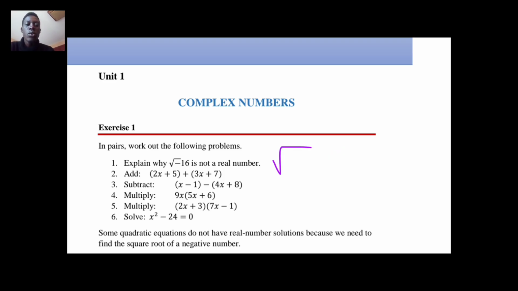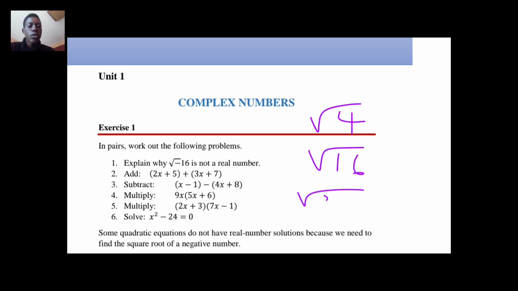What about root of negative 16? What is the square root of negative 16? This one is difficult to solve. It cannot be solved easily like other rational numbers, like root of 4, root of 16, root of 25, and so on.